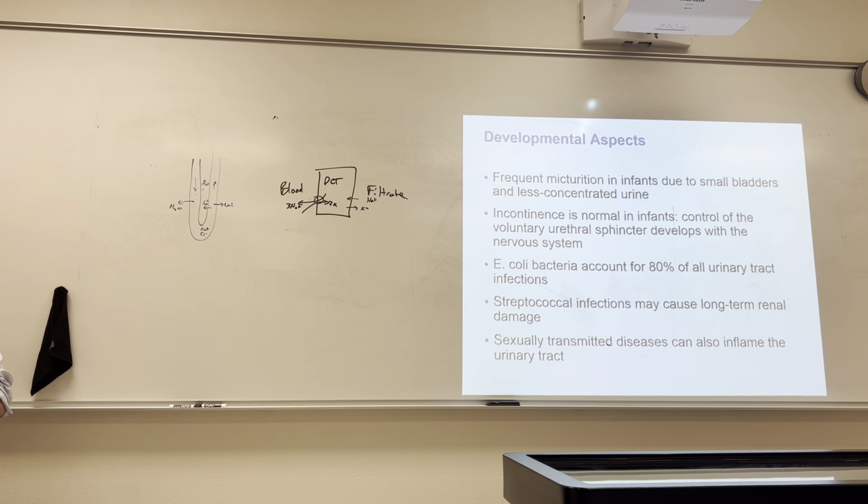Most of the time, that bladder infection is so painful, and the symptoms are so obvious, that most of the time people are treated before it gets to the point where it's a kidney infection and it's moved all the way up to the kidneys. And when it does, that can be much more serious. As we'll see when we get to reproduction, there are lots of sexually transmitted infections that also infect the urinary tract as well.